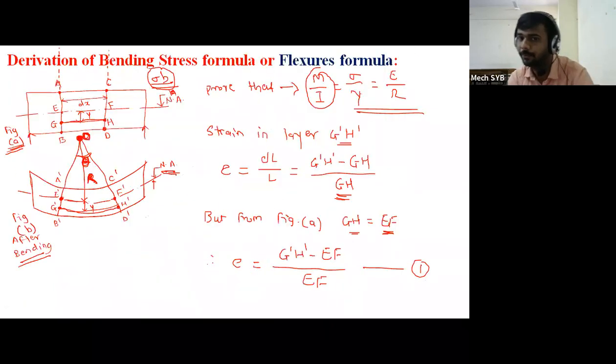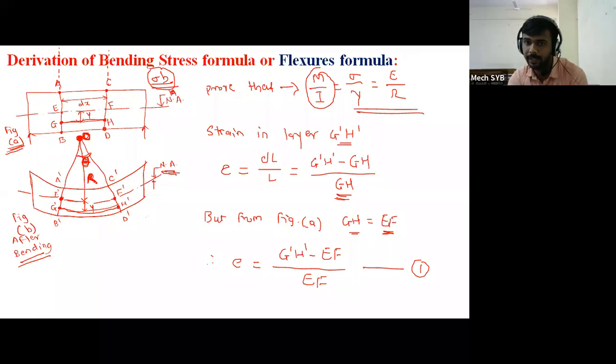How is it derived? We have considered the two sections AB and CD. After the bending, those two sections are concentrating at point O, and the angle is theta. By using the concept of strain, we calculated the strain induced in the layer G dash H dash, and as per the formula, change in length upon original length, G dash H dash minus GH upon GH.